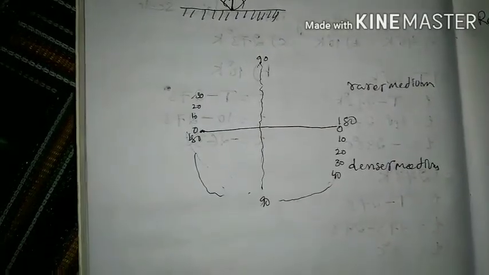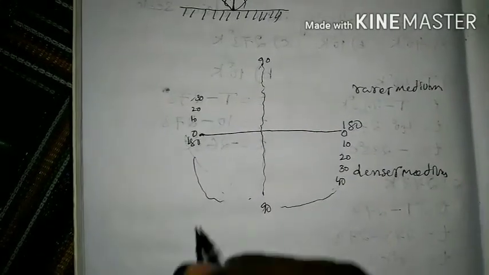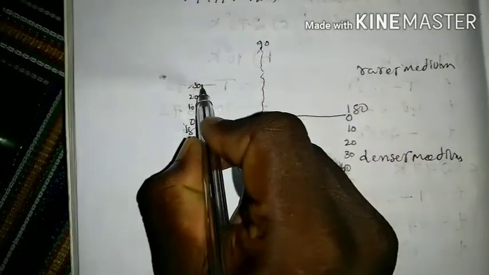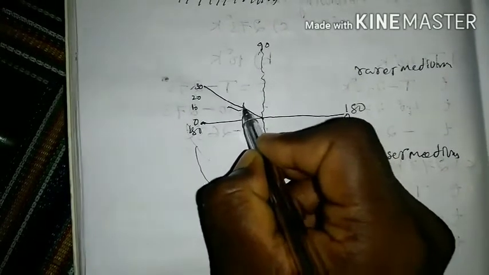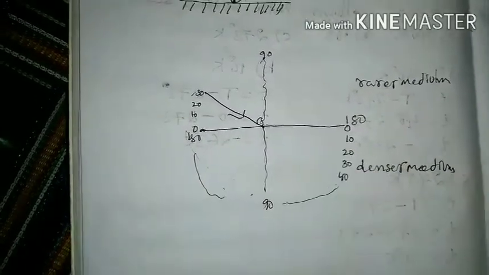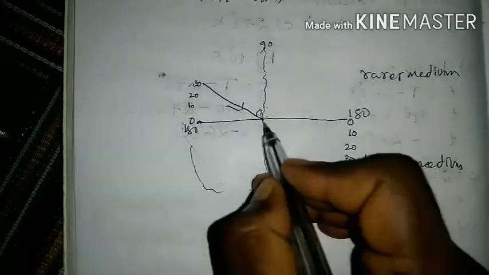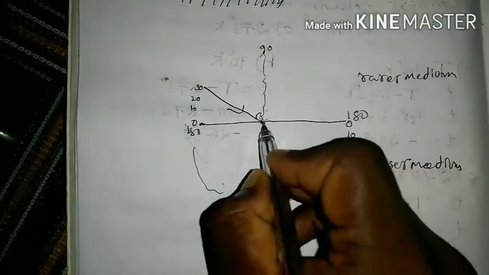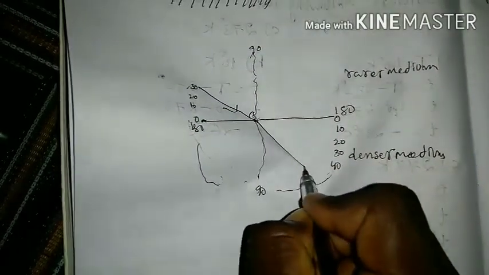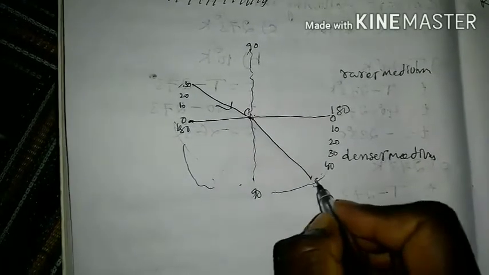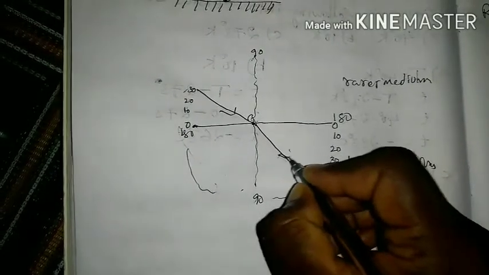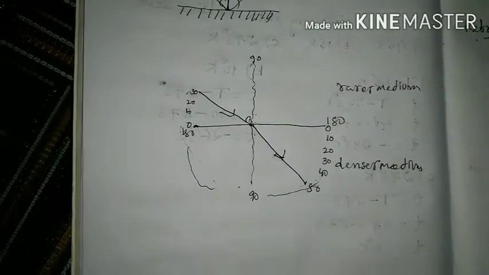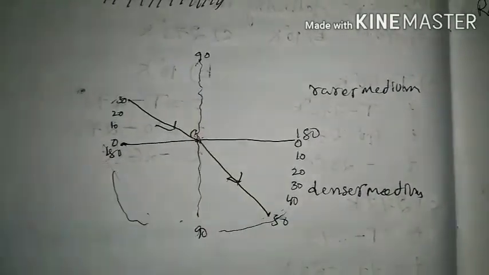Now the angle of incidence is 30 degrees. This line is the angle of incidence. After that, the light is refracted. See the figure.